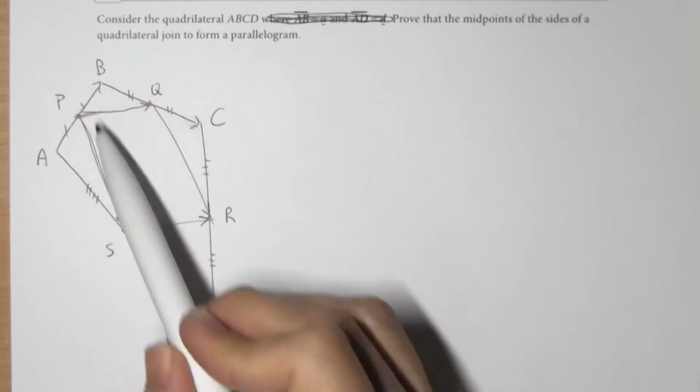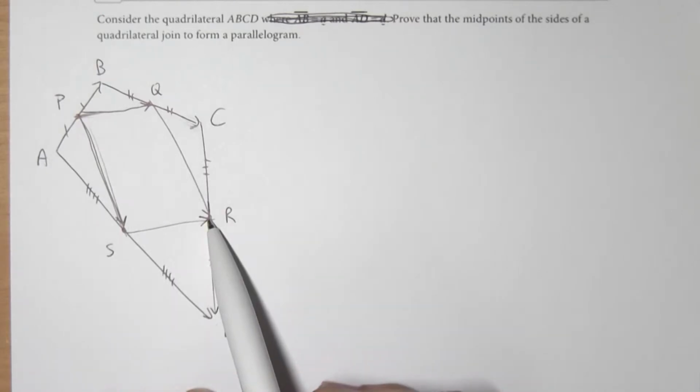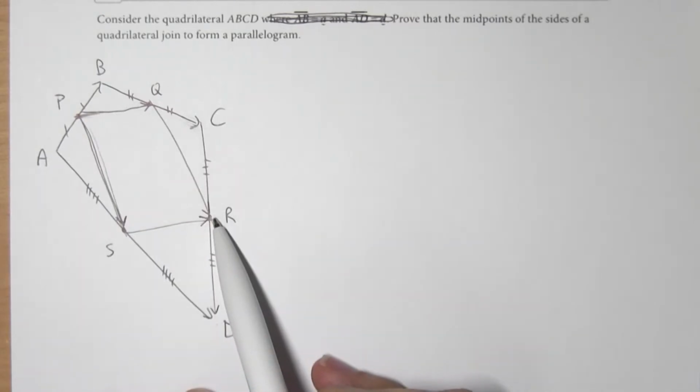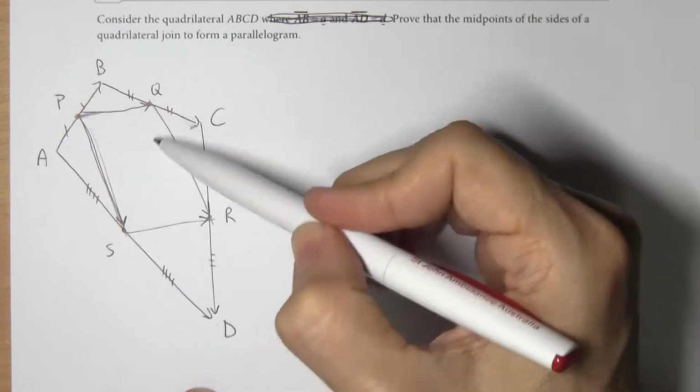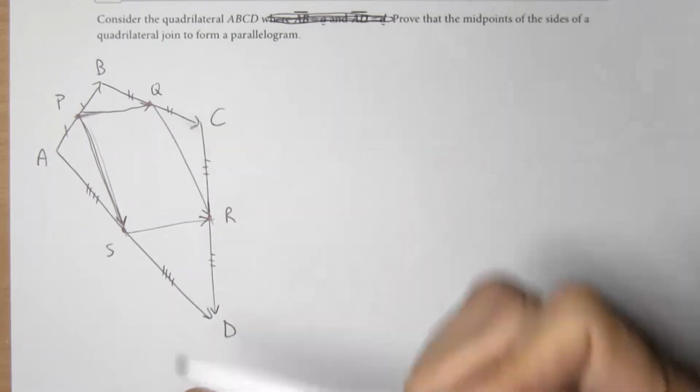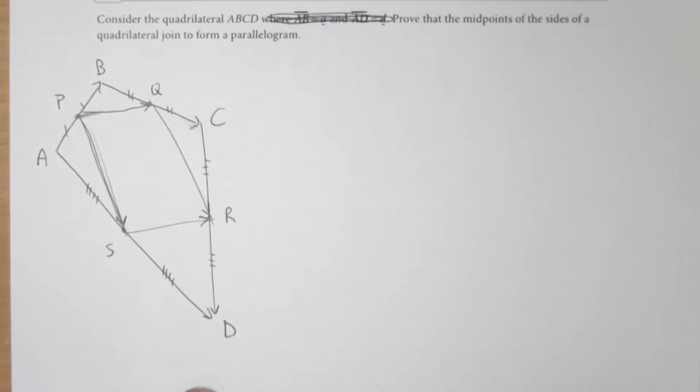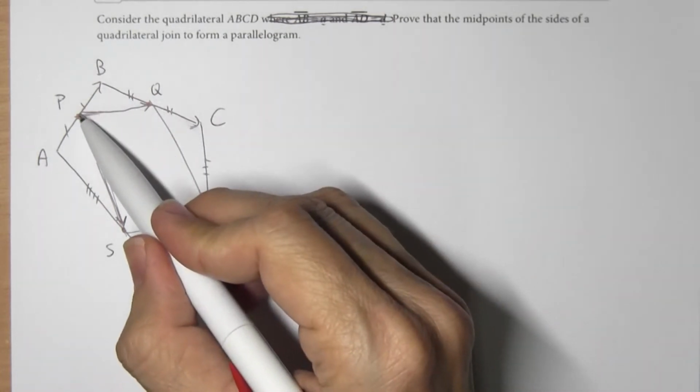In fact, that's enough. If those two vectors are equal, and they're the opposite sides of a quadrilateral, then the other two vectors must also be equal. But you can prove it the same way anyway. Let's have a think about this vector PQ.